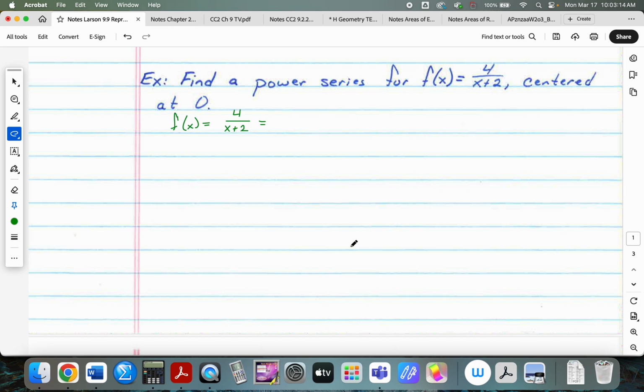We want it to be in the format a over 1 minus r. So I want it to be minus my x, so I'm going to multiply everything by a negative. So I'll have a -4 over -2 minus x.